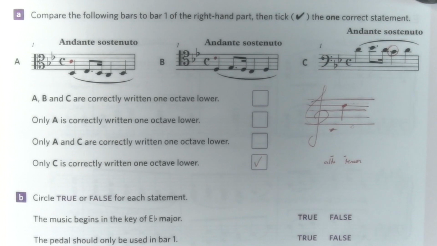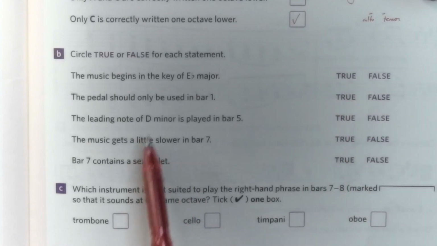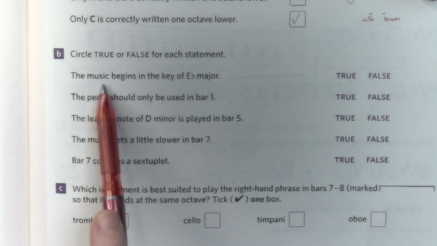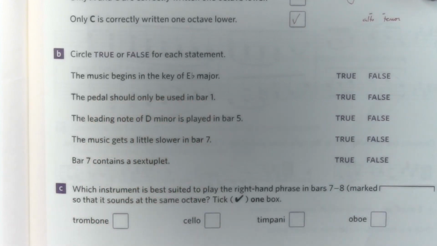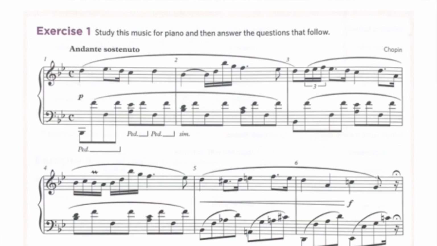We can now move on to the second question. We need to circle true or false depending on what is written here, if it's correct or not. The music begins in the key of E flat major. Now, if we observe the score, we see that the score has two flats.